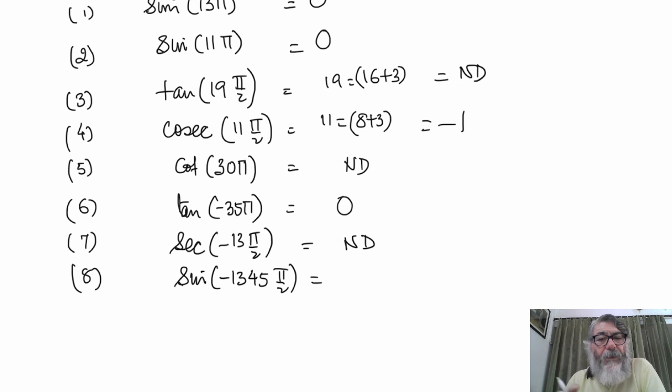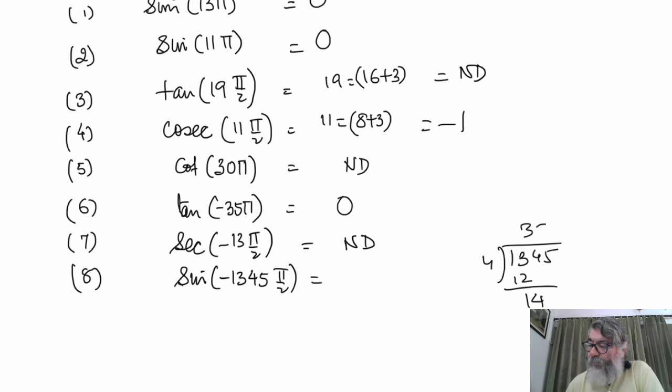When you divide 1345 by 4, let us do this. 4 threes are 12, 4 threes are 12, and 4 sixes are 24. So 1 is the remainder.